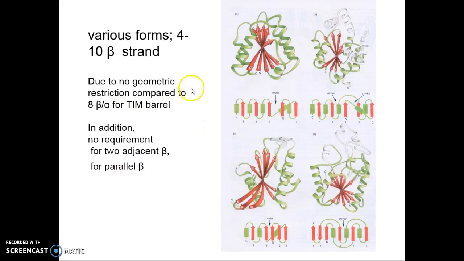Further, this category, open twisted alpha beta proteins, is very varied in the length of beta, the number of betas, and the actual arrangement of betas.